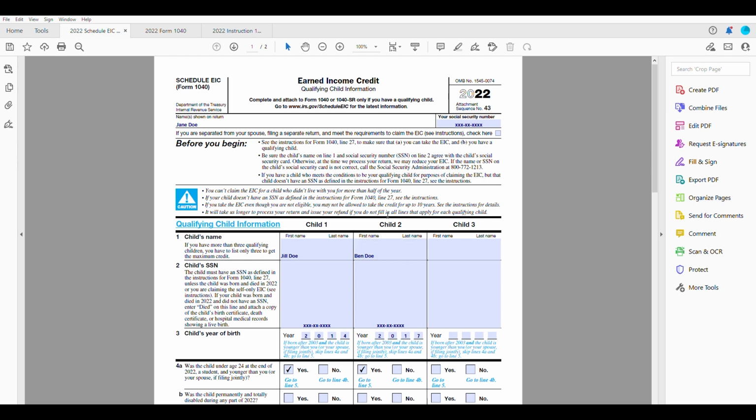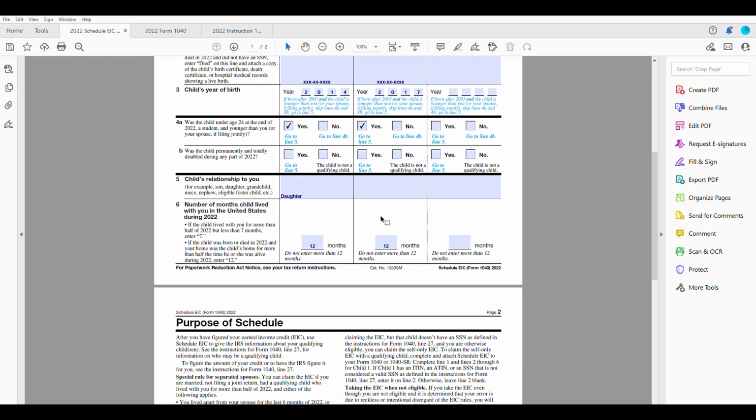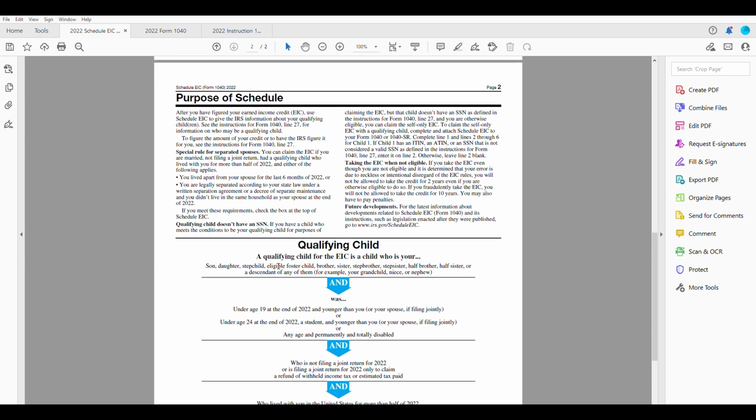Now you might be asking, what is considered a qualifying child? If you go down to the second page of this schedule, there is a qualifying child diagram here that lets you know what a qualifying child is. It can be a son, daughter, stepchild, foster child, brother, sister, stepbrother, all these examples here.